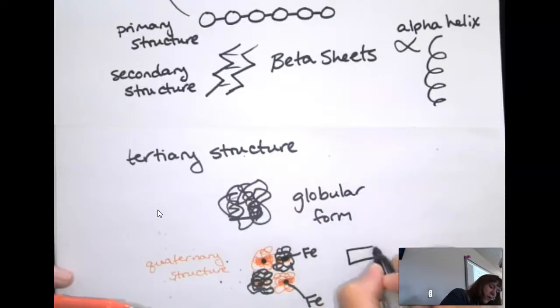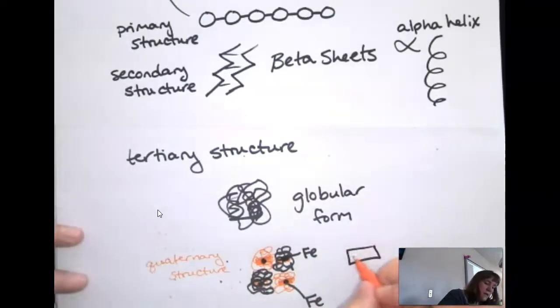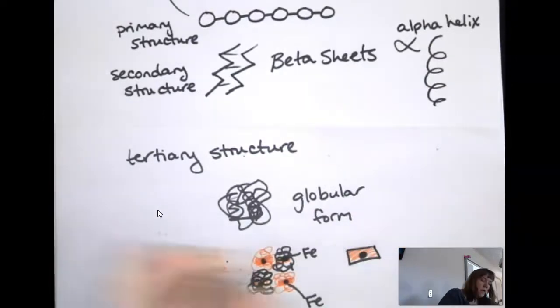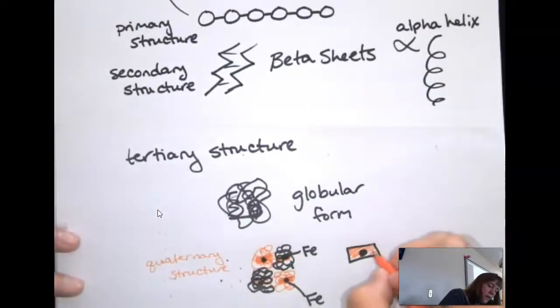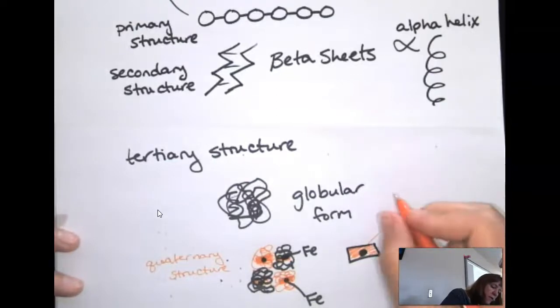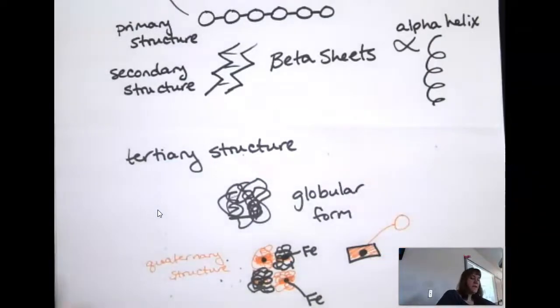So if we blow that up, it was a heme group and an iron. Okay, so that iron is going to attach to an oxygen. So we have 4 proteins all involved. There are 4 heme groups and 4 irons all holding on to oxygen.